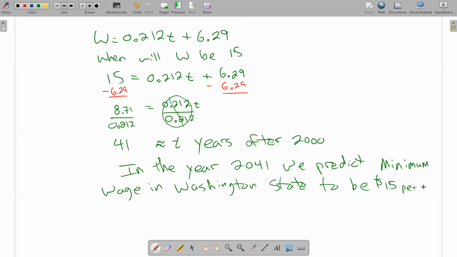And might as well say per hour, it's an hourly wage, just to be clear. So that's an interpretation of my calculation there.